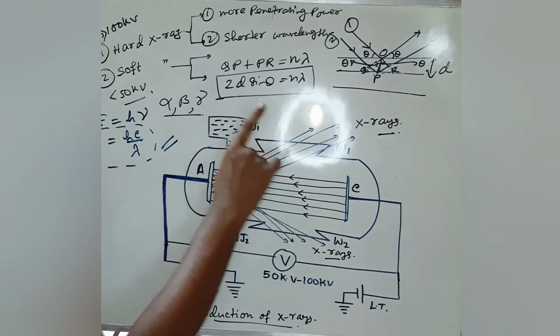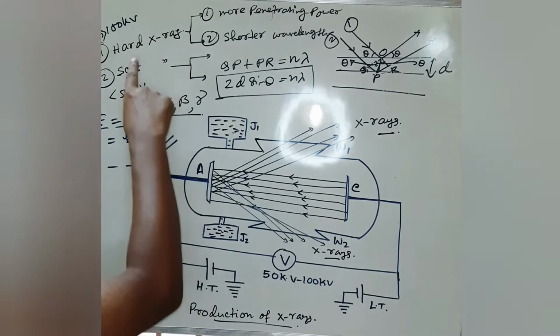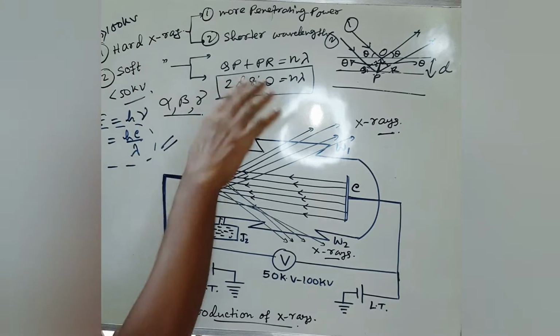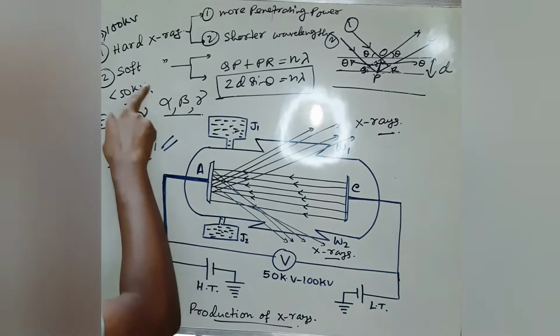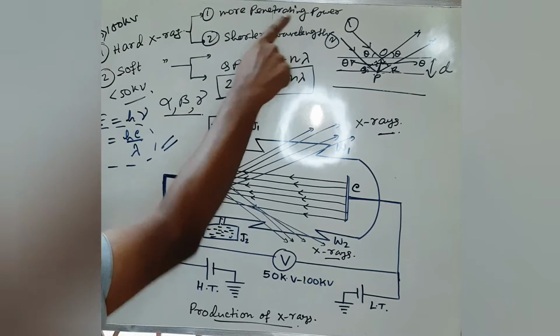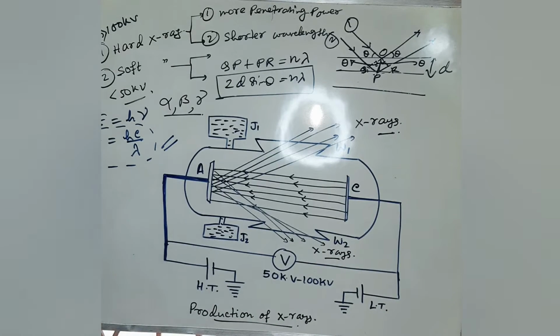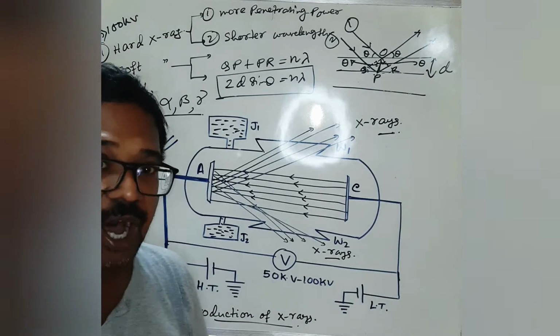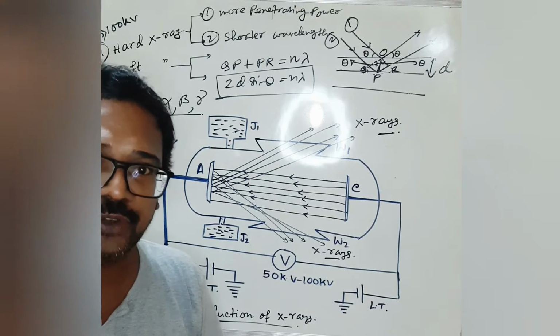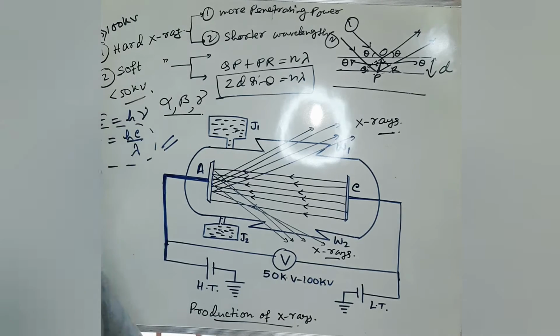If the potential difference is more, approaching 1 lakh volt or more, then you will get hard X-ray, and if the potential difference is lesser, then you get soft X-ray. Hard X-ray means more penetrating power, shorter wavelength, higher frequency. Soft X-ray means less penetrating power, greater wavelength, lesser frequency. So this is how X-rays are produced.